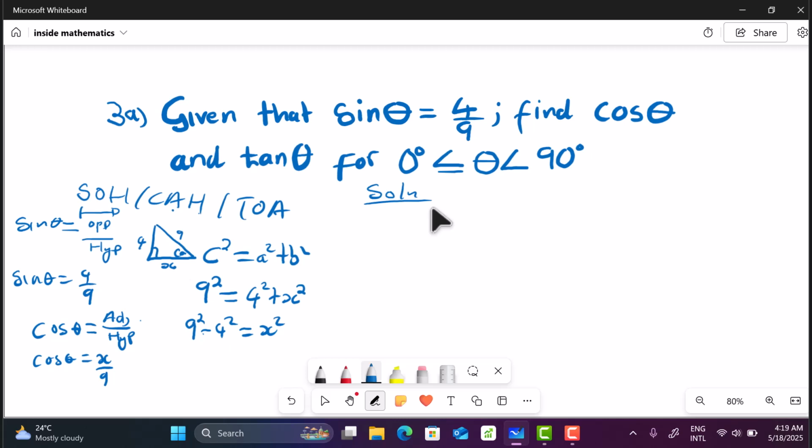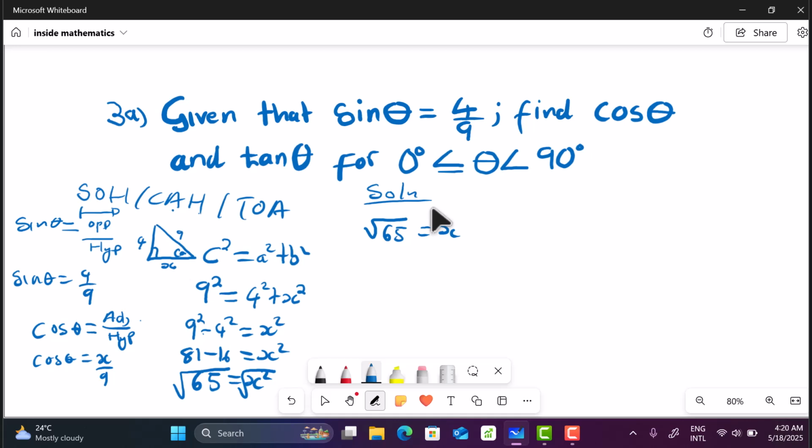When we square 9, we get 81, minus 16 is equal to x square. And 81 minus 16 gives 65, which is equal to x square. So we take the square root of both sides. Here we get square root of 65 is x, because we don't have an exact value for the square root of 65.